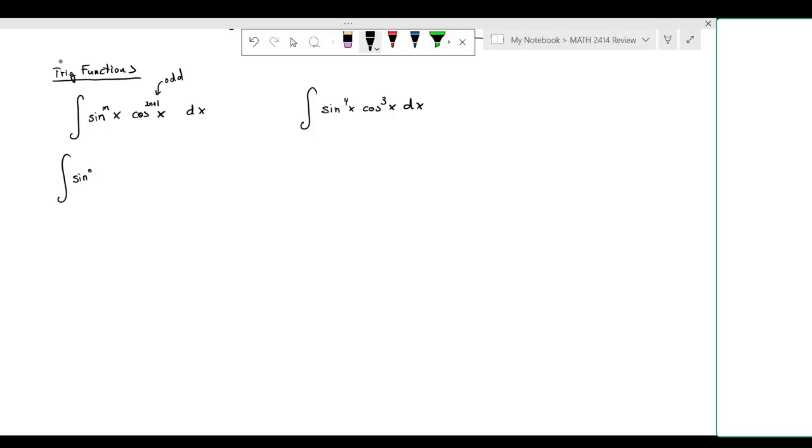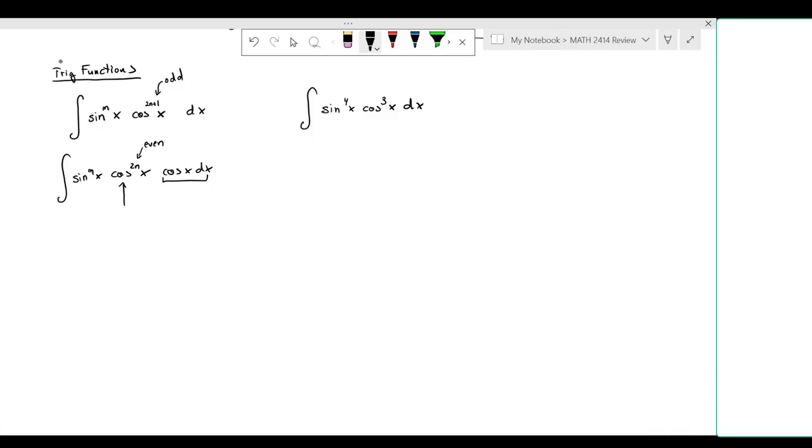We just break off a factor of cosine and we reserve it for the derivative of sine. Right. So we're just going to save this. And then because the power for cosine started out being odd, and we took out a factor, the power for the remaining cosine is even now, right? And so you can start using trig identities.